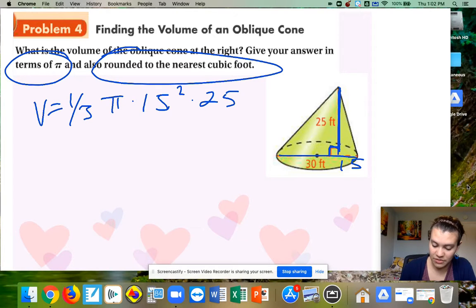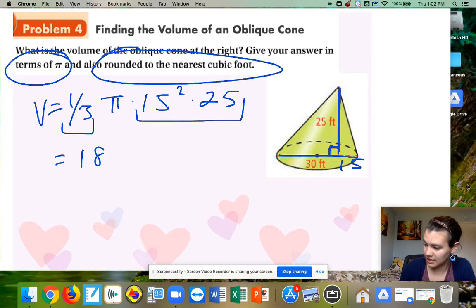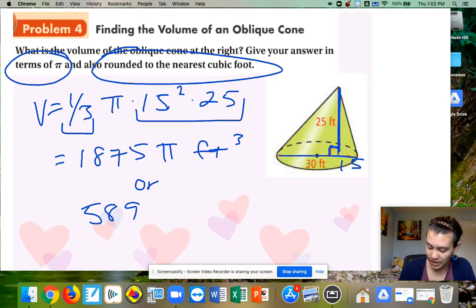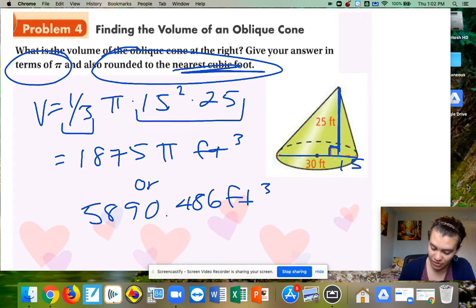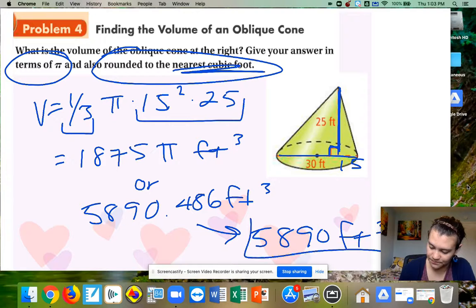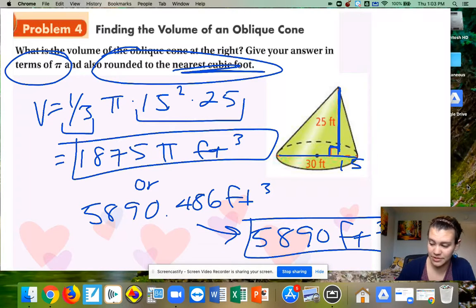In terms of pi, multiply 1/3 times 15 squared times 25 to get 1875 pi feet cubed, and then type that all in to get 5,890.486 feet cubed. But it said here to the nearest cubic foot, so we're going to round this, and it will become 5,890 feet cubed. And those are your two answers.